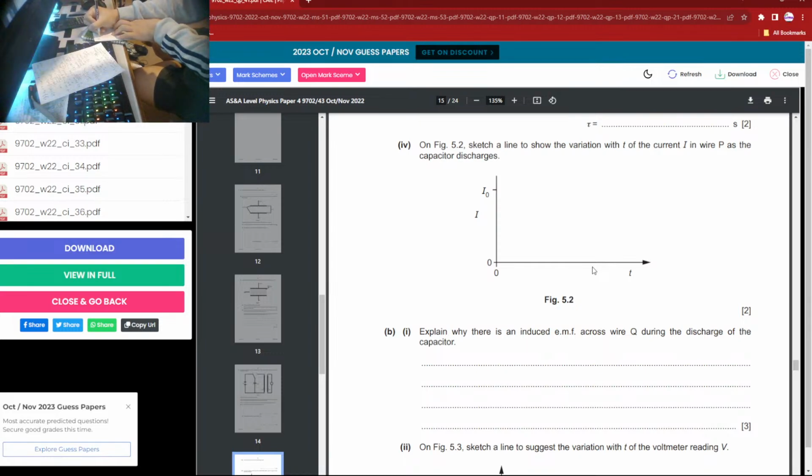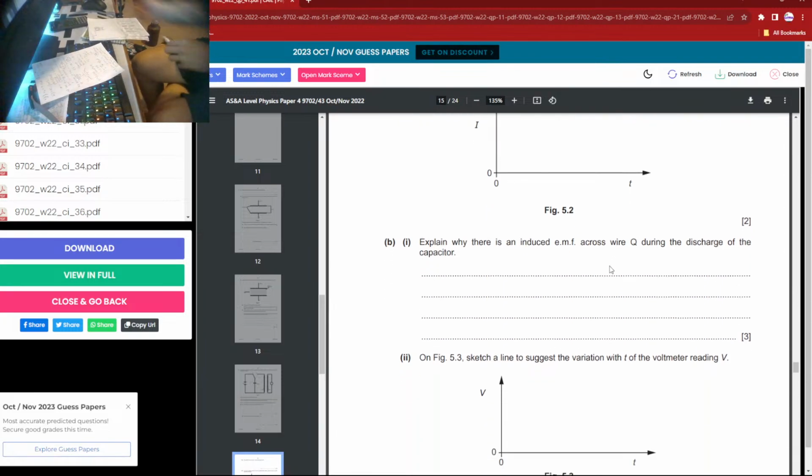But then, as the current starts to get lower, you'll have lower changes in induced EMF, so lower voltage, and it won't reach zero. So it's a curved line, like this.